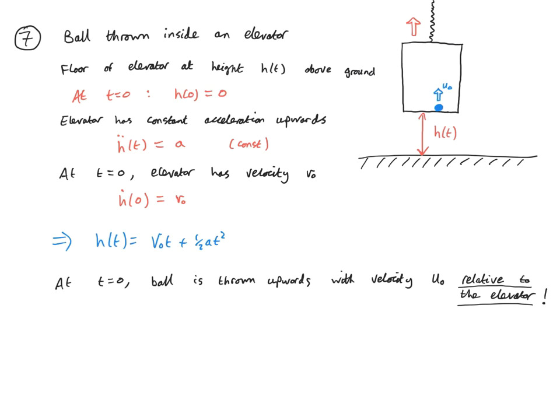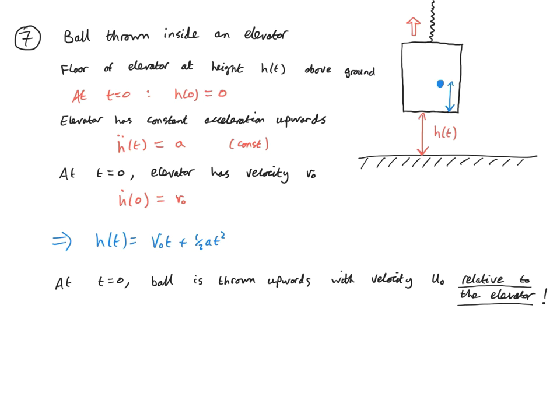So let's imagine now the ball at some generic point in its trajectory. So I will erase this picture of the ball and now draw in the ball at some later time where it's up in the air somewhere. Let's introduce two quantities. I'm going to introduce here the height of the ball above the floor of the elevator.